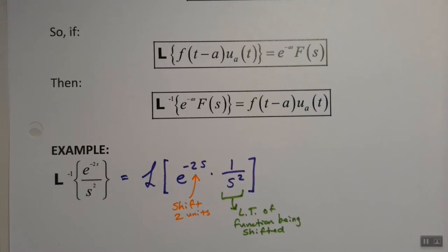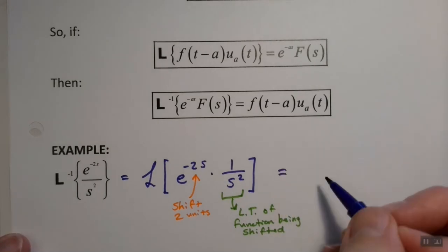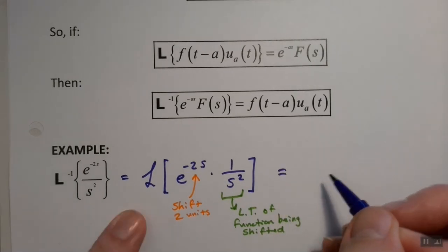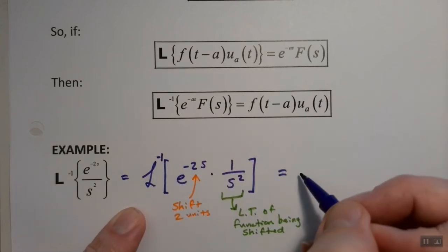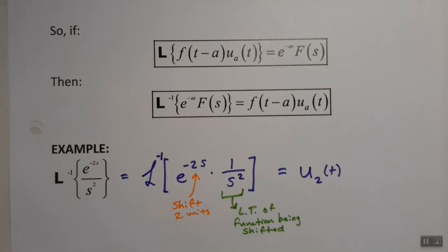So what we're going to wind up seeing is that the inverse Laplace transform turns out to be u with a little subscript 2 of t, and we get that from this chunk right here. I'm not going to use green, I'll use a different color so it stands out a little bit more.